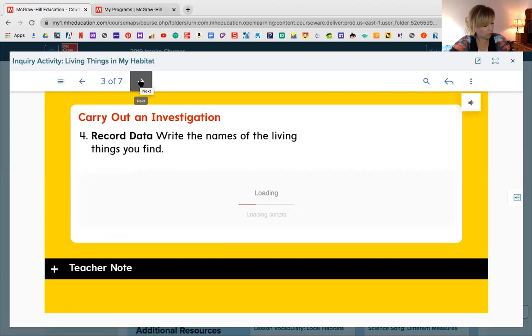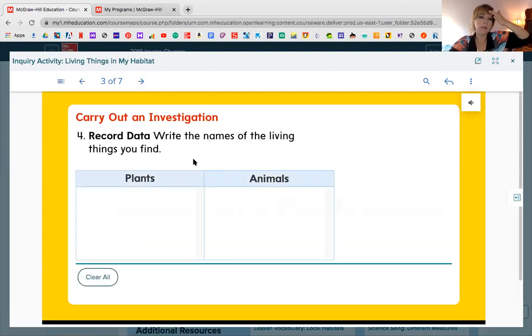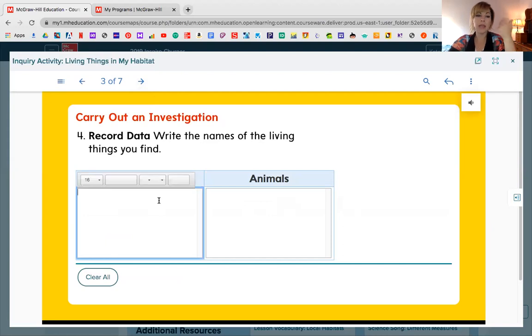Okay, so write the names of living things. So for plants, just for example, I'm gonna say jacaranda tree. And I'm just giving my own examples. If you guys wanna use what we see at Whitman, I'm okay with that. Let's see. I see grass.